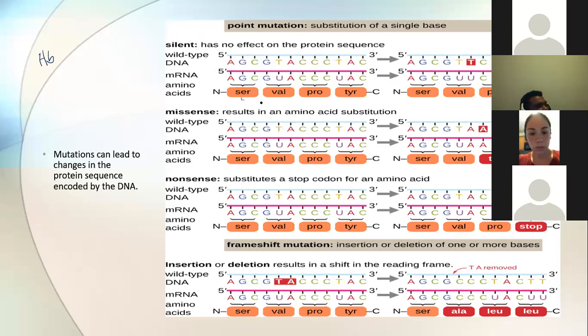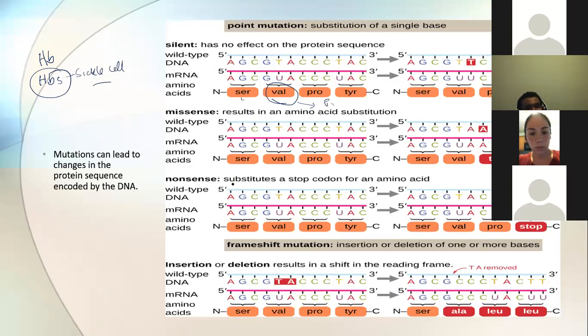But if just one amino acid has been replaced by another, like valine replaced with proline, then it will make abnormal hemoglobin, and that gives sickle cell anemia.